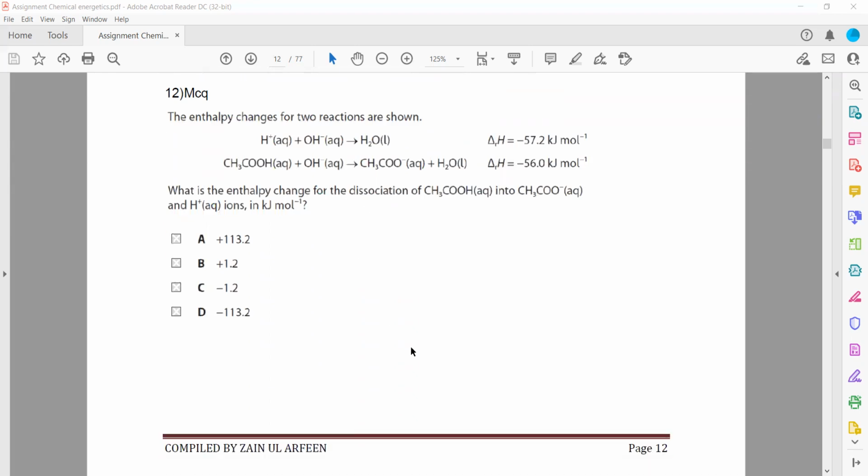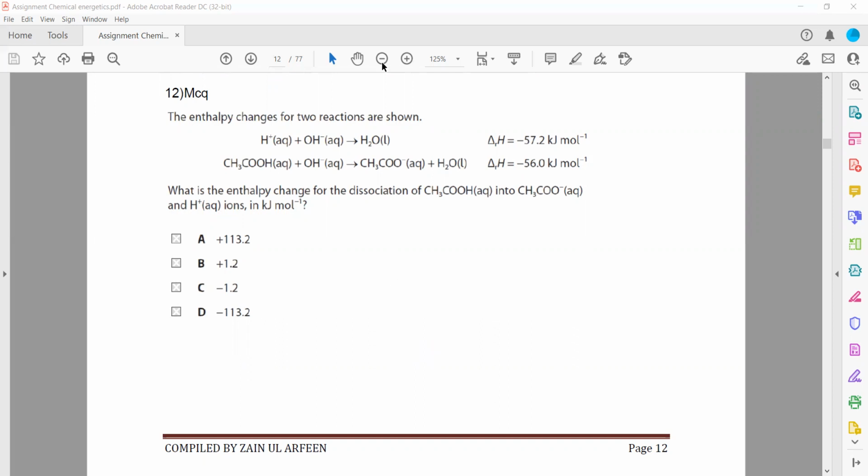In question 12, the enthalpy changes of the two reactions are shown. What is the enthalpy change of dissociation of CH3COOH aqueous into the ions? Look, in this case, you can see the two equations.